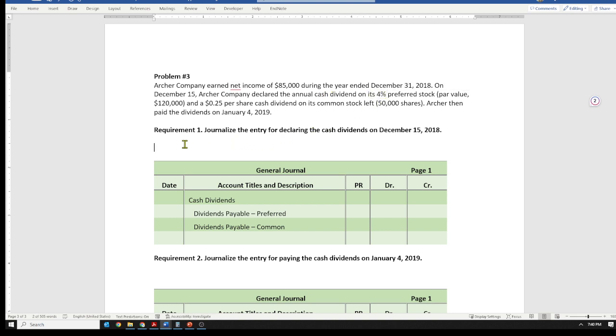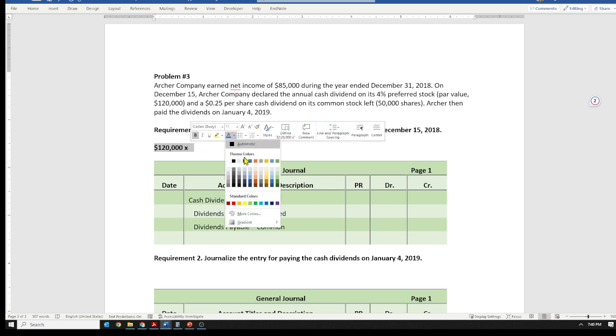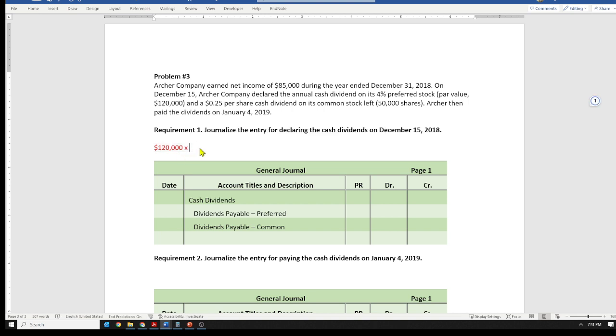So that's 120,000 times 0.04, which equals 4,800. The par value is 120,000, so times 0.04 gives us 4,800 for the dividends payable on the preferred stock.